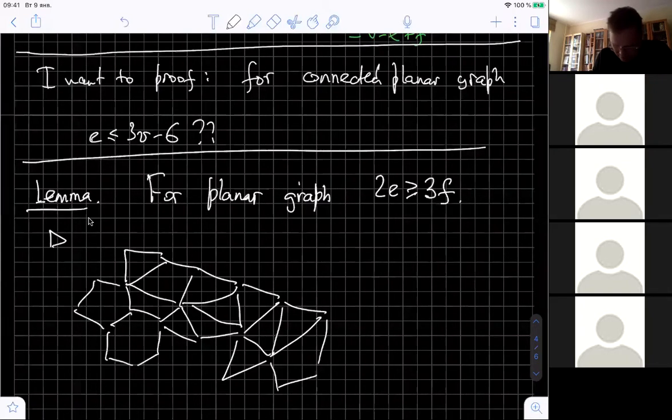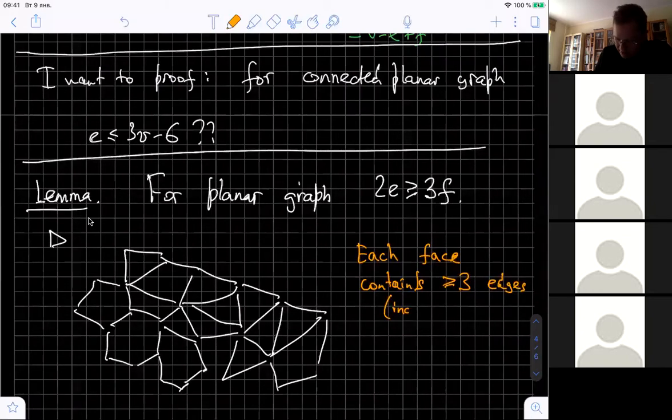So suppose we have some planar graph, and then we want to calculate the number of edges and the number of faces. We know that each face contains three or more edges inside and on the border.